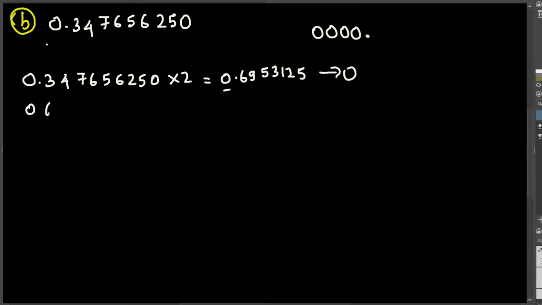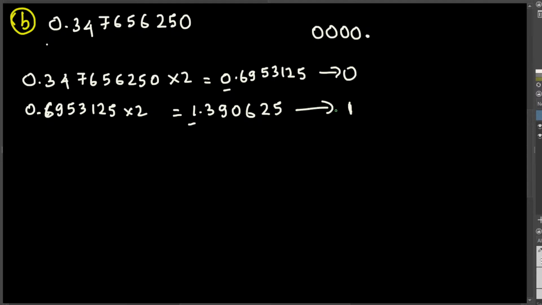Then 0.6953125 multiplied by 2 gives us 1.390625. That is 1 in front right here, so 1.